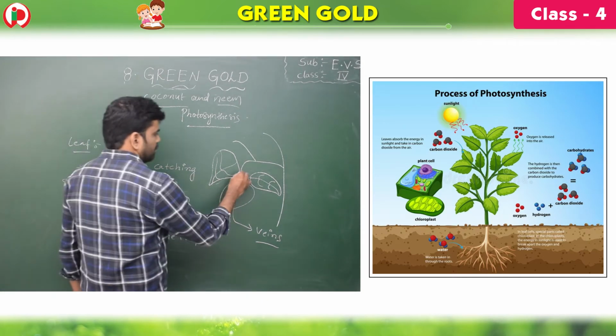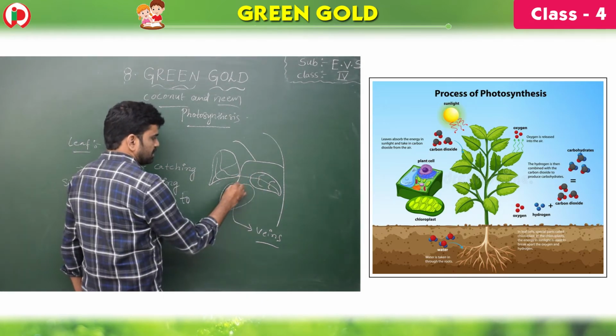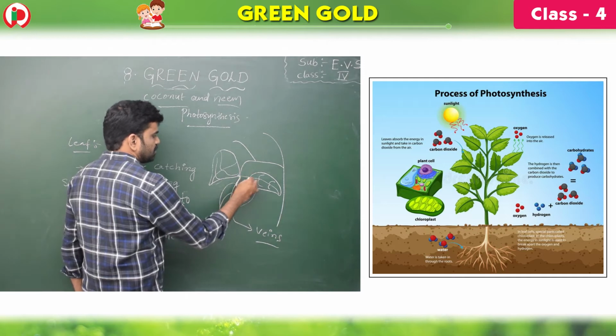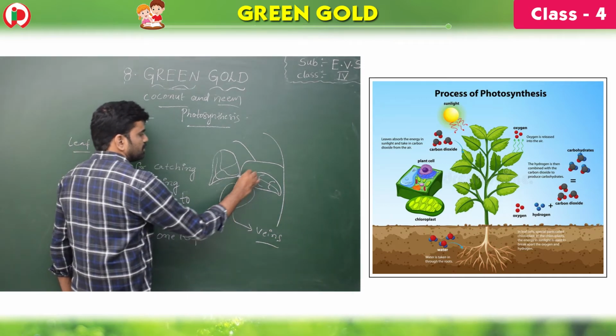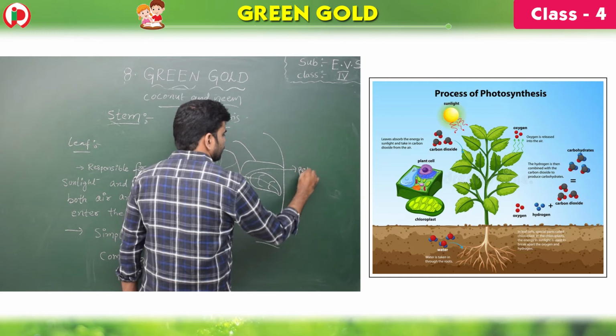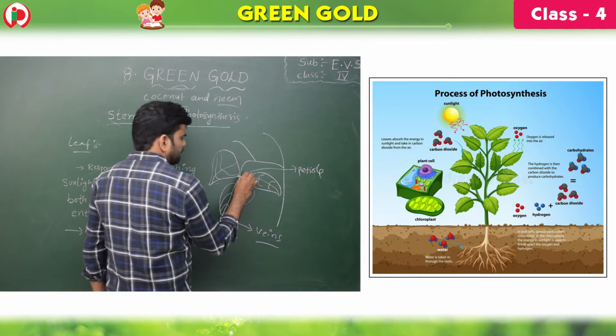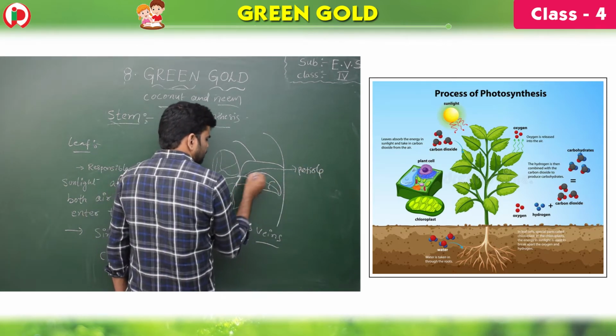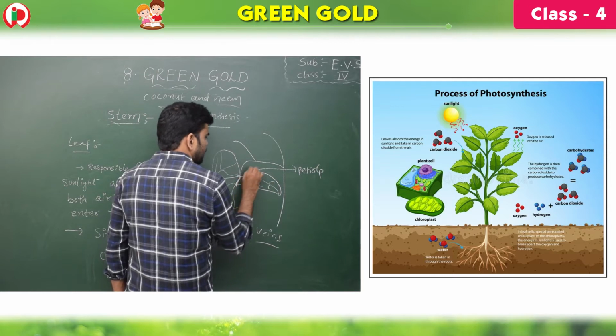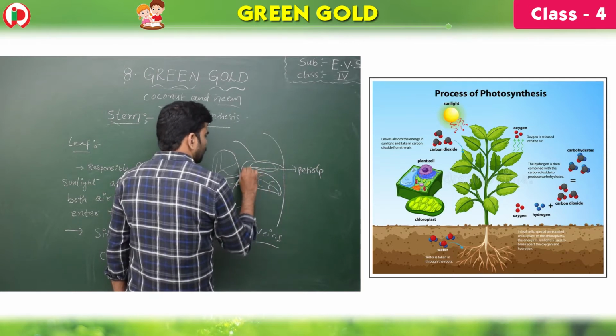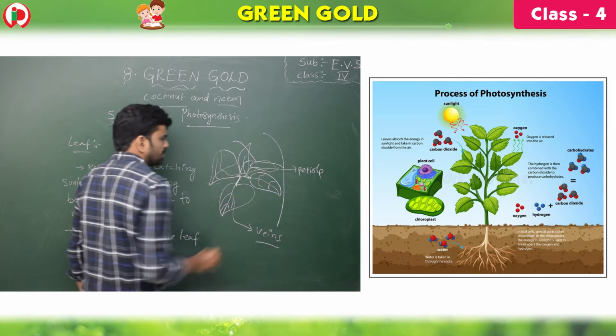See, children, so here what is petiole? This is called petiole. You see, it is only one leaf, but sometimes there is one more leaf like this, one more leaf also like this.